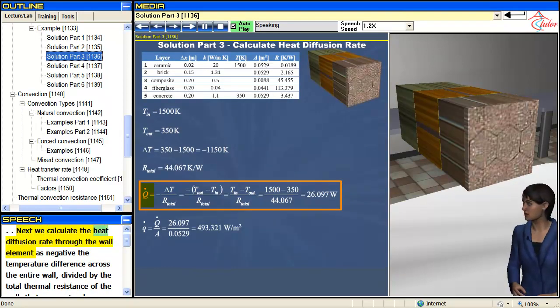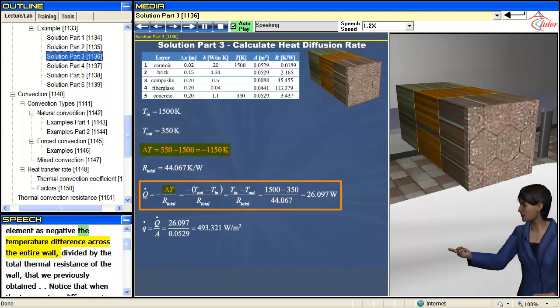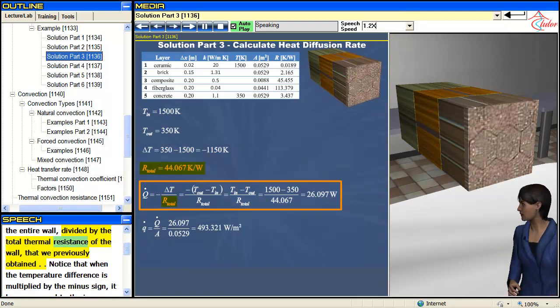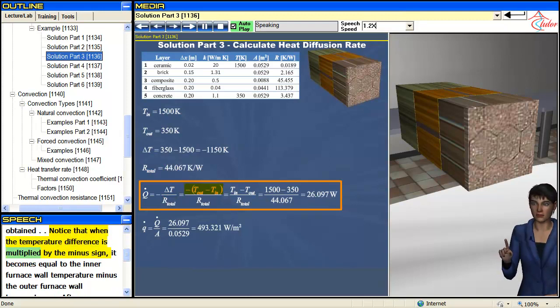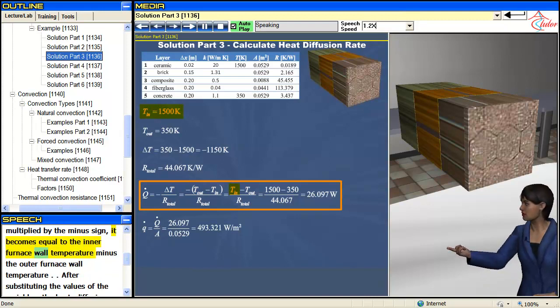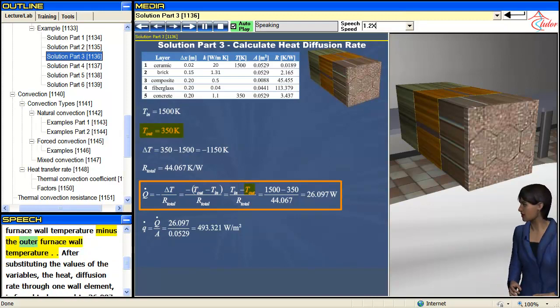Next we calculate the heat diffusion rate through the wall element as negative the temperature difference across the entire wall, divided by the total thermal resistance of the wall that we previously obtained. Notice that when the temperature difference is multiplied by the minus sign, it becomes equal to the inner furnace wall temperature minus the outer furnace wall temperature.